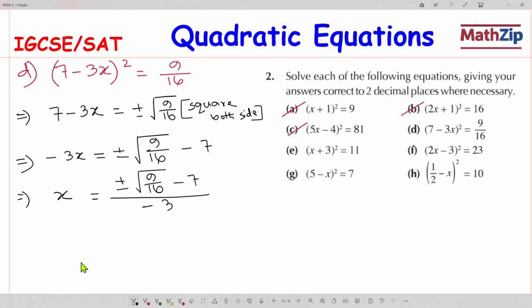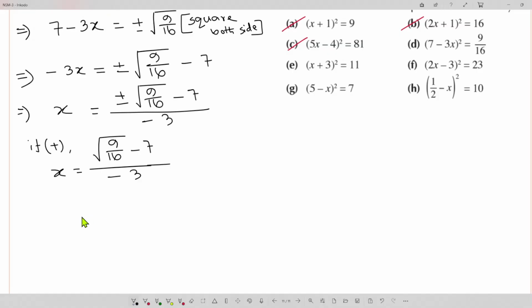Now one by one we try to solve this. Here it is plus minus, right? And for the positive case, x equals root over 9 by 16 minus 7, divided by minus 3. Okay, then root 9 means 3, root 16 is 4, minus 7, divided by minus 3.